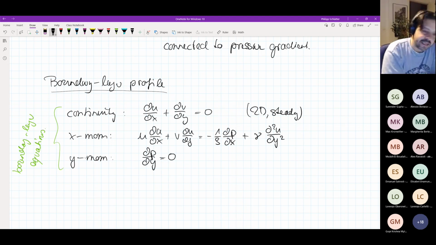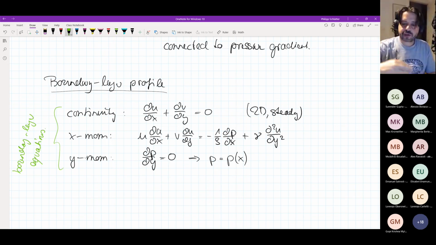And exactly this independence of y means that the pressure is just a function of x. In that sense, it doesn't matter where we measure the pressure, so it can be related to an external input, an external pressure gradient that is imposed in the free stream. So the pressure has here the role of an external input.